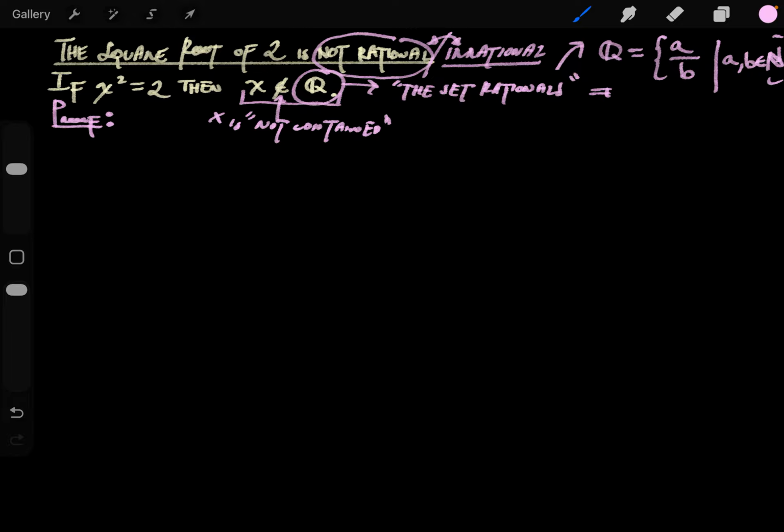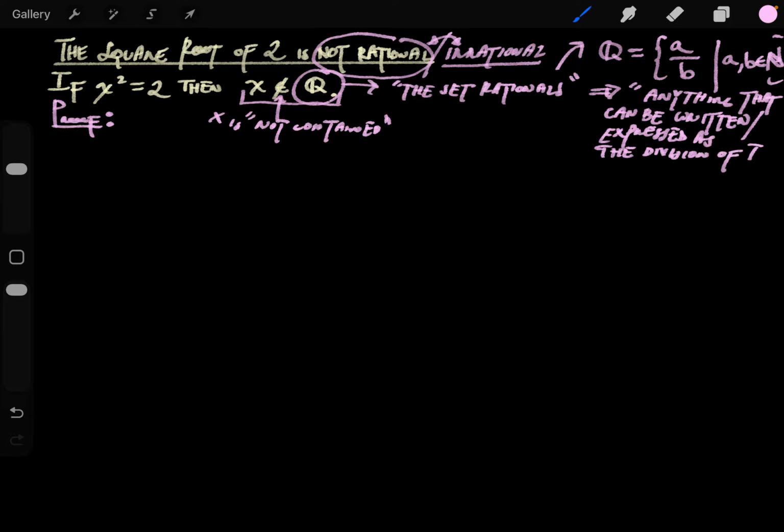Another way to think of all the rationals: anything that can be written or expressed, same sort of idea, as the division of two natural numbers.